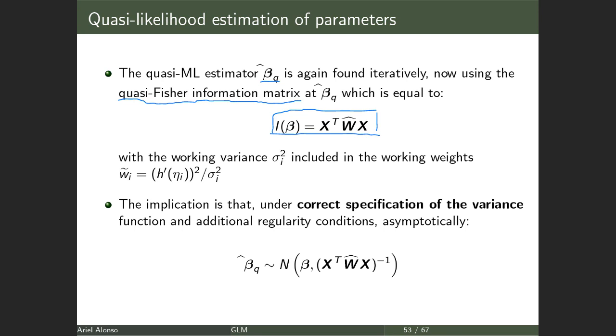And what you have here is that the variance that appears in the W matrix over here is not the variance that you would get from a GLM model, but these working variances that you defined before.